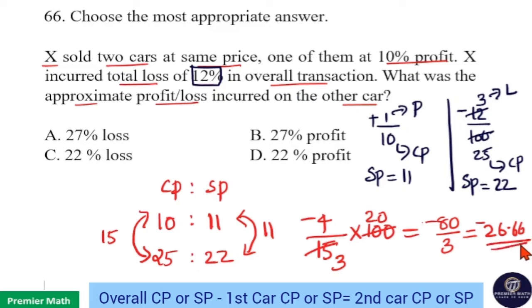So 26.66 percentage loss. That means here approximate value is option A, that is 27% loss. So here you can see this is cost price of second car is equal to 15 and sell price of second car is equal to 11 parts.